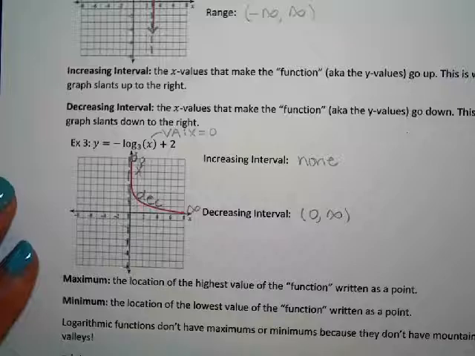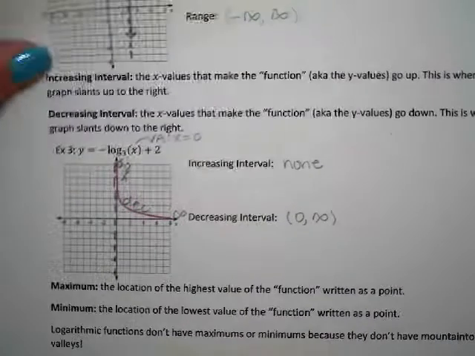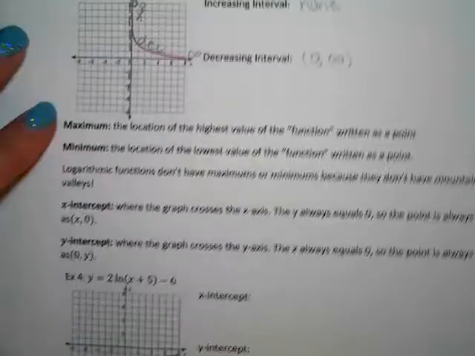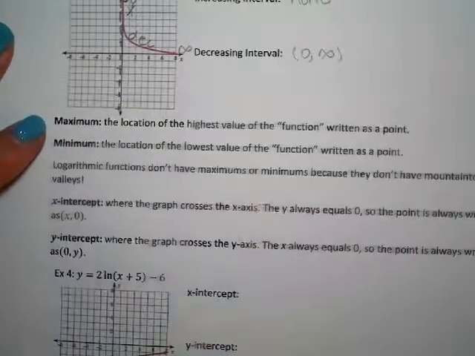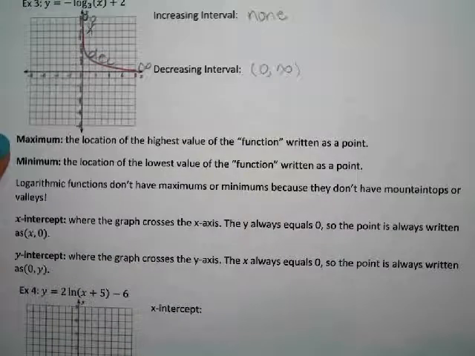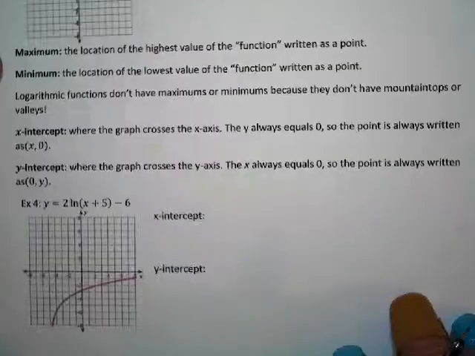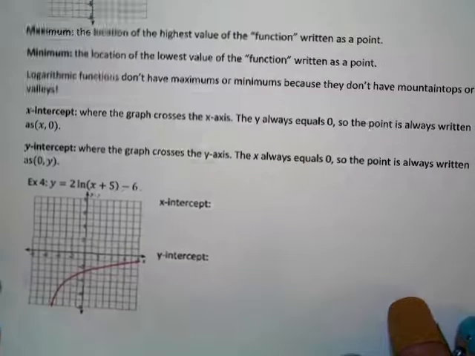All right, for the maximum and minimum, again, for exponential and logarithmic functions, we are not going to have a mountaintop or valley for these types of pictures, and so we're not ever going to have a maximum or minimum. X and Y intercept, we're going to skip in the video. We're going to find that answer together in class, so we can move to the next page of the notes.